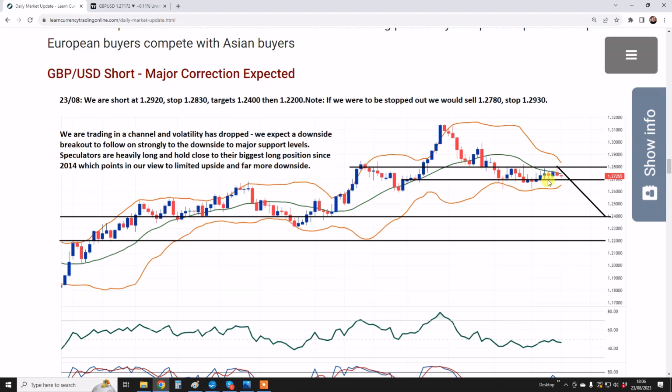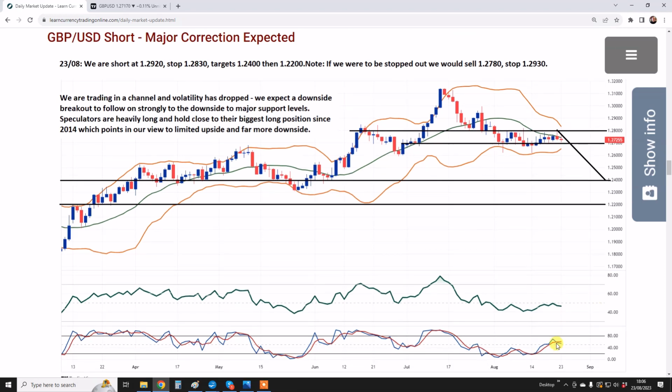It's just big levels, support and resistance, look at volatility via Bollinger Bands, and we also look at momentum as well. Now, in terms of GBP USD, decent fall, but look, we're kind of trapped in a channel, and we're trapped between 1.28 resistance and 1.27 support. This was this morning. I'll show the updated chart in a moment.